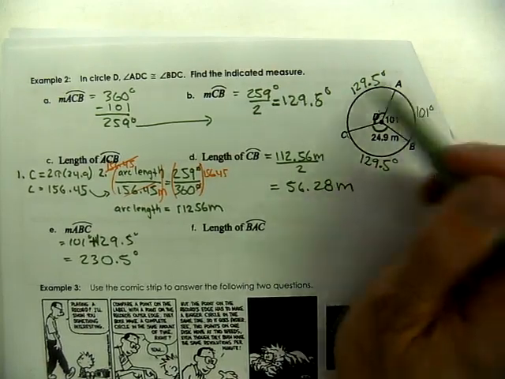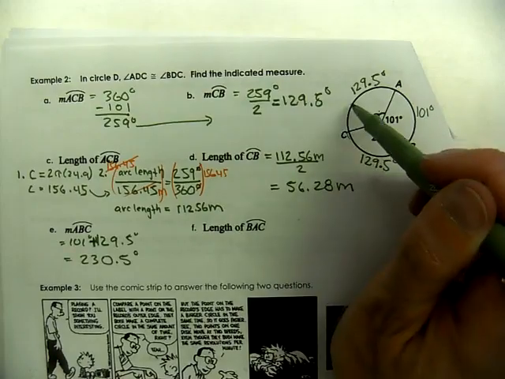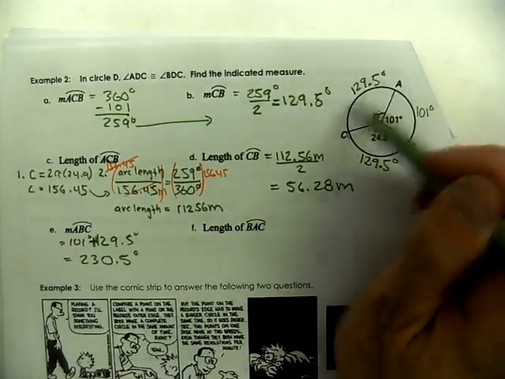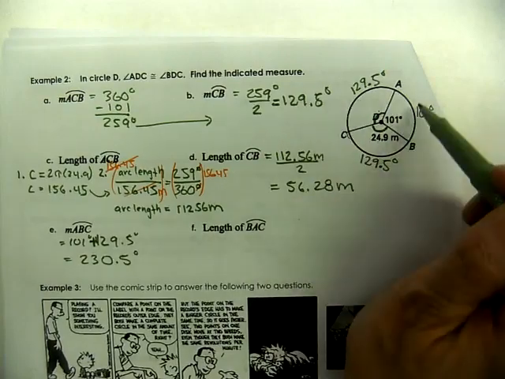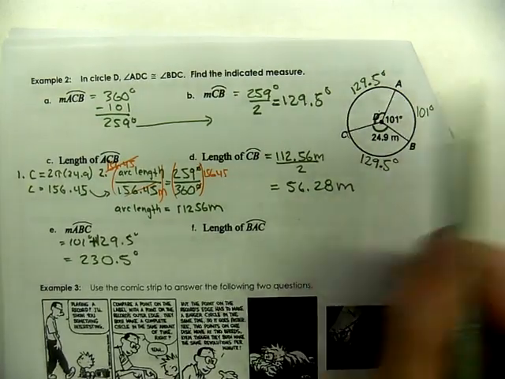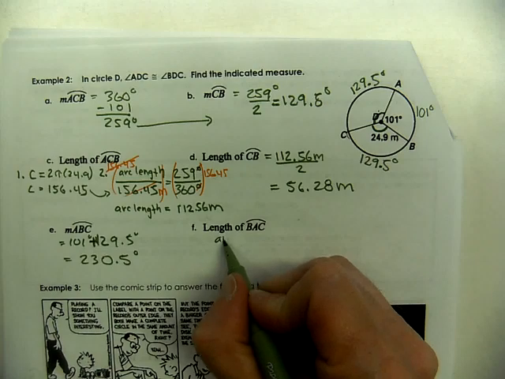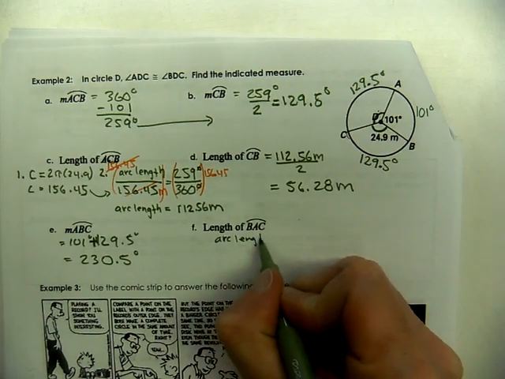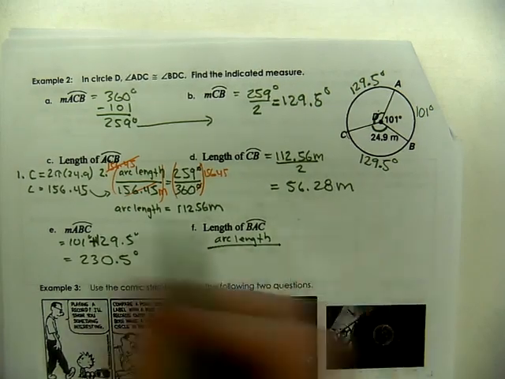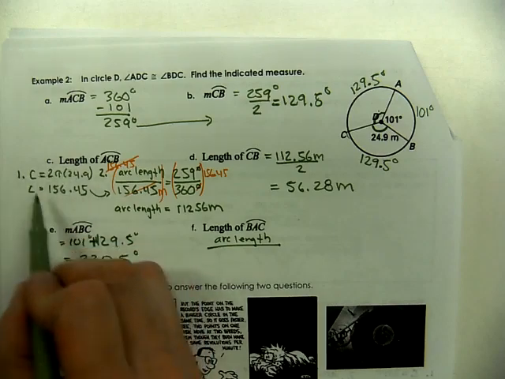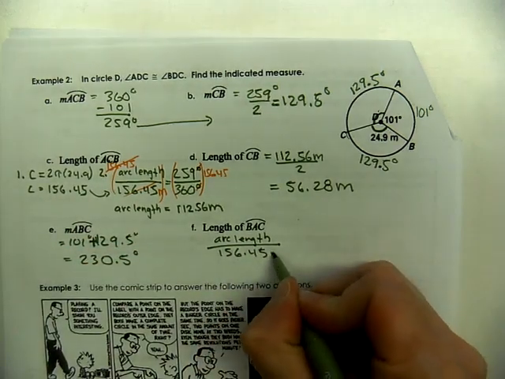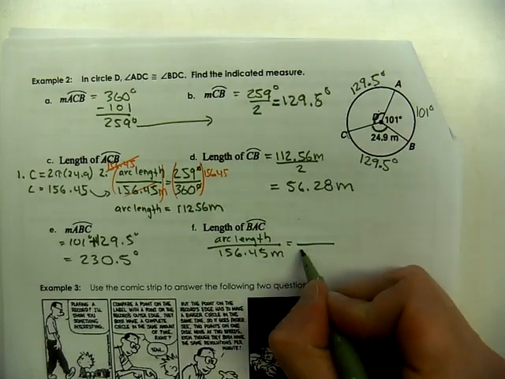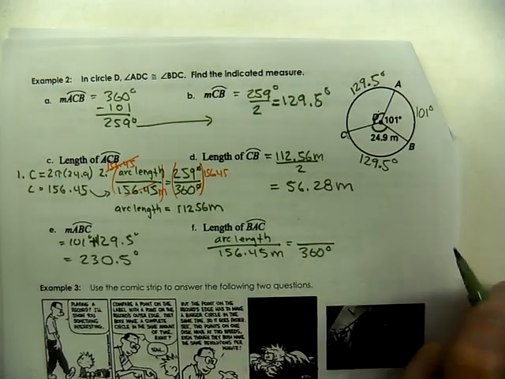So let's use this as one continuous arc to set up a proportion and find that total length around the circle, using those many degrees as its arc measure. All right, so here is my arc length over the circumference, which we already figured out over here in part C. So 156.45 meters. And that'll be out of 360 degrees.